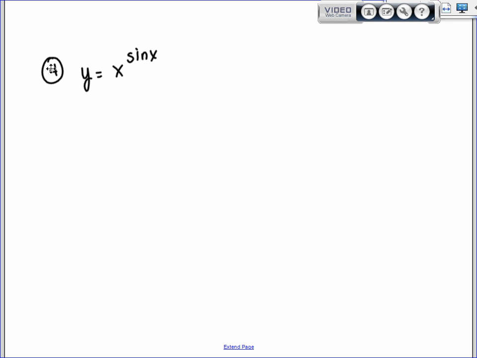What if you have that? So notice how you have an x raised to something with an x. So you would have to do this logarithmic differentiation. So, log of both sides. Natural log. And then you can bring sine x down. So your whole point is to be able to drop the thing that had an x.